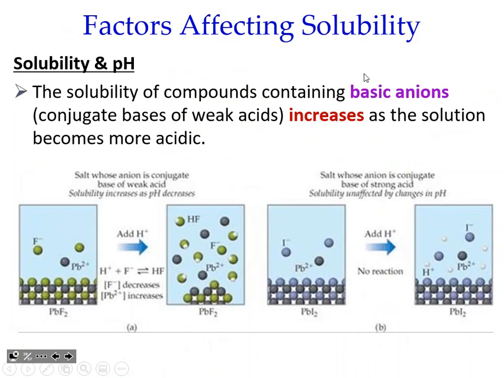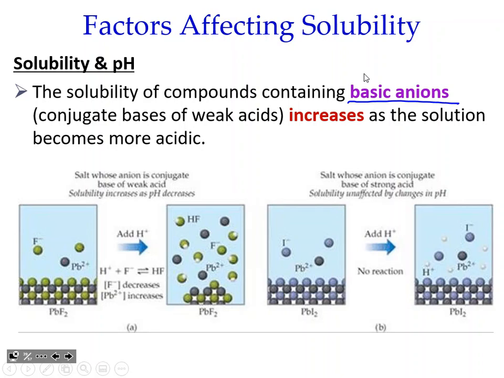Now we're going to talk about some factors that are affecting solubility. This one might seem a little confusing, but do try to follow the logic, and we will hit on it a little more when we get to Unit 8, because then we will really get into what a basic anion is.